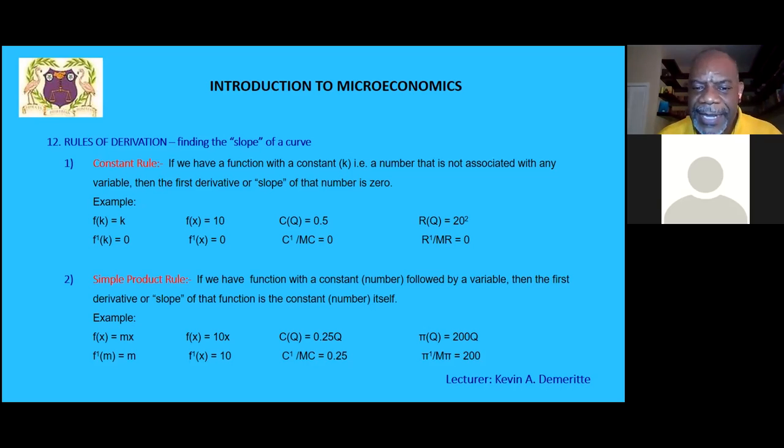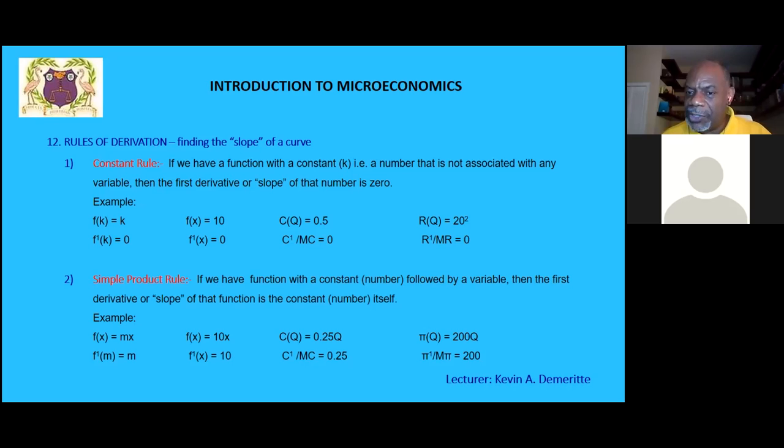In such a case, the slope of that function with respect to that little piece is just the number. So if you have a function that's 10x, the slope or first derivative of that function is just 10. If you have a cost function that has 0.25q, the marginal cost or the first derivative of that function is the same thing. Marginal cost is the economic term, the first derivative is the mathematical term, but we're still talking about the same thing, which is 0.25.